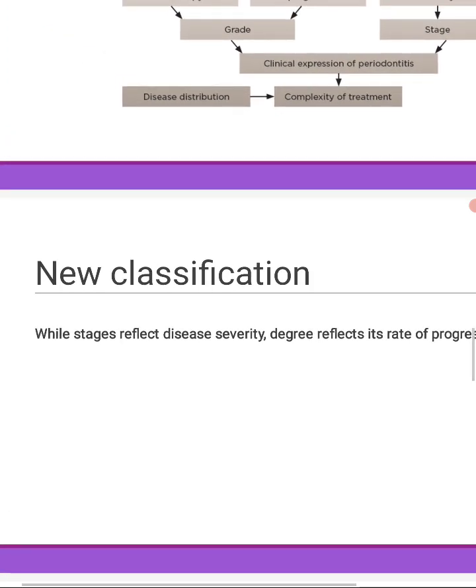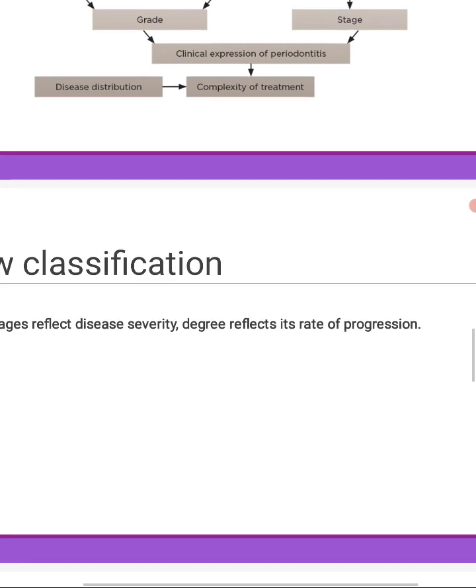So you will know in detail how to say this is gingivitis, what the criteria are, and this is periodontitis, how to determine the stage, the severity, the grade, the rate of progression, in the diagnosis section.